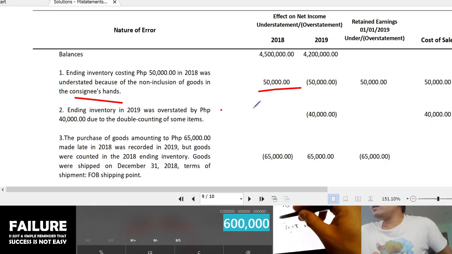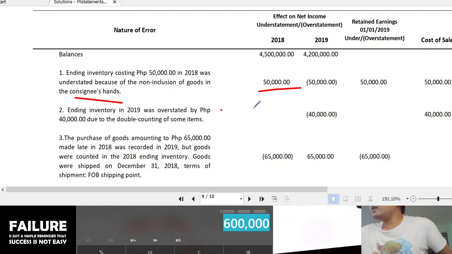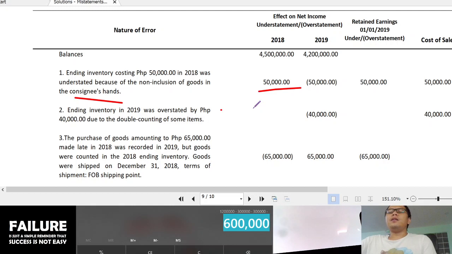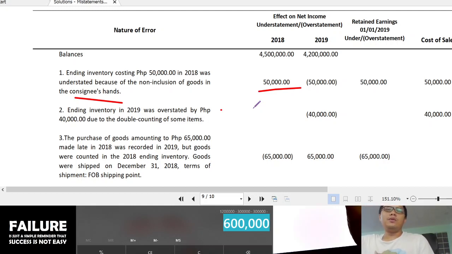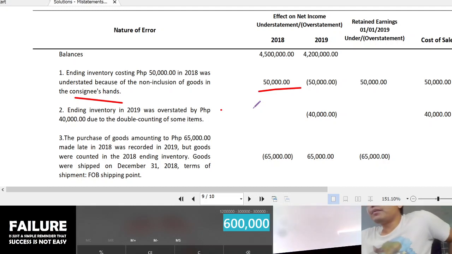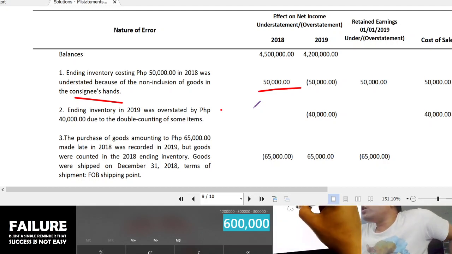So ano yung effect niyan? Our ending inventory is understated. So again, class, pag understated yung ending inventory natin, ano yung effect niyan sa cost of sales? If ending inventory is understated, kulang, yung cost of sales natin is what?